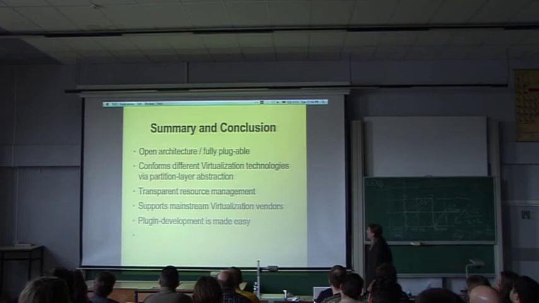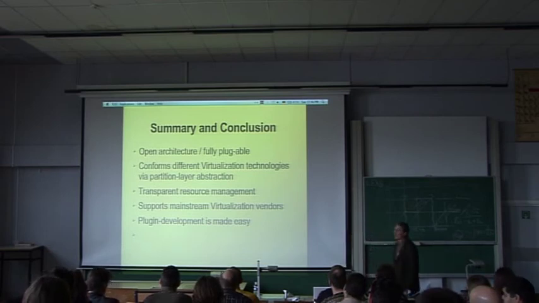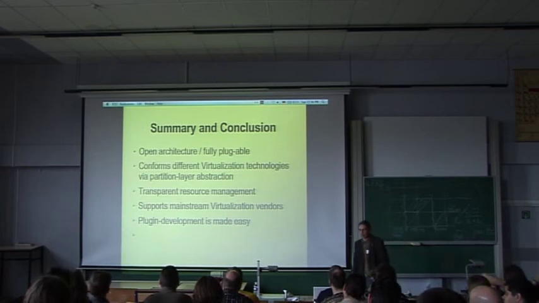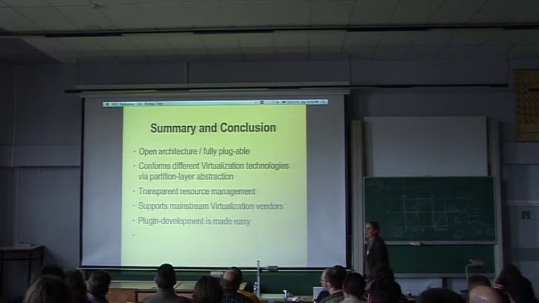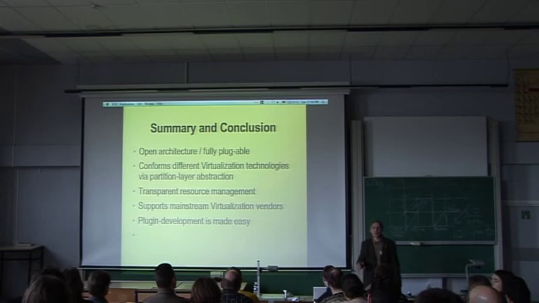So, summary and conclusion. We have an open architected, fully pluggable data center management system with openqrm. We made it fully pluggable to let you easily contribute by writing new plugins for it.